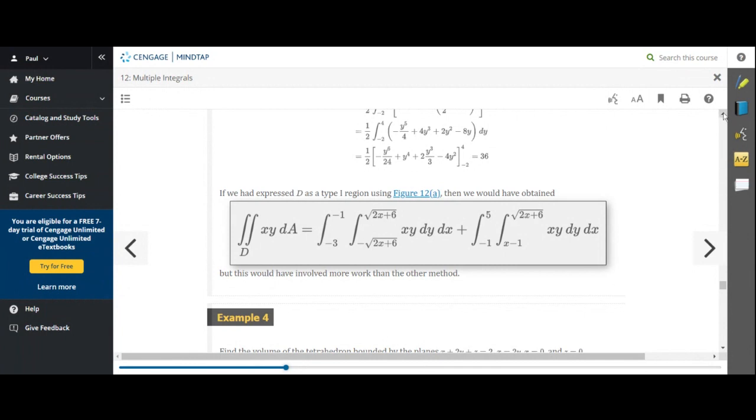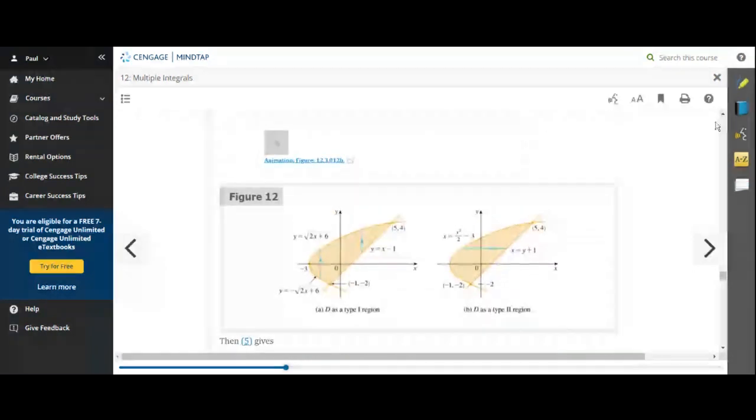If we go back to the figure, look at figure 12b. If you treat the region D as a type 2 region, then the entire left side of the region is bounded by the parabola x equals y squared over 2 minus 3. We got that by taking y squared equals 2x plus 6 and rewriting it in terms of x.